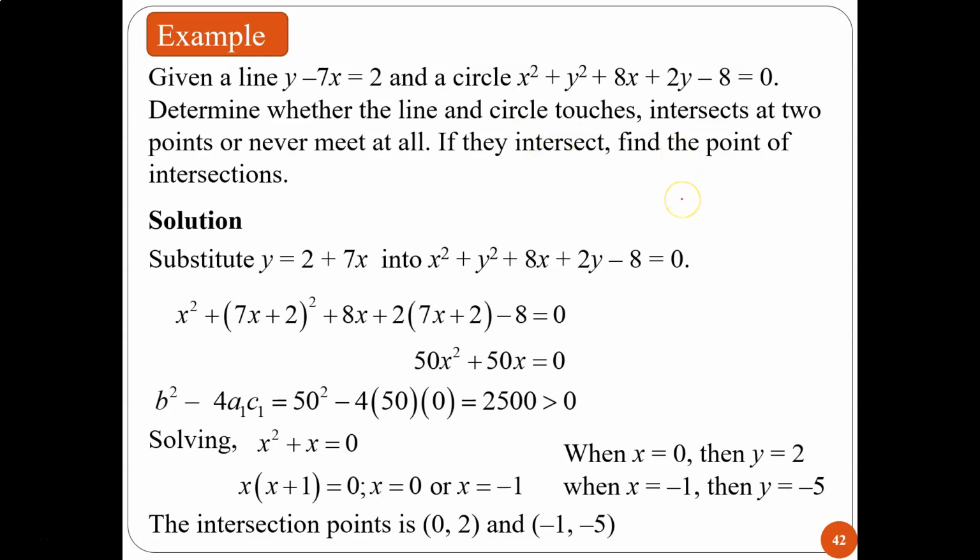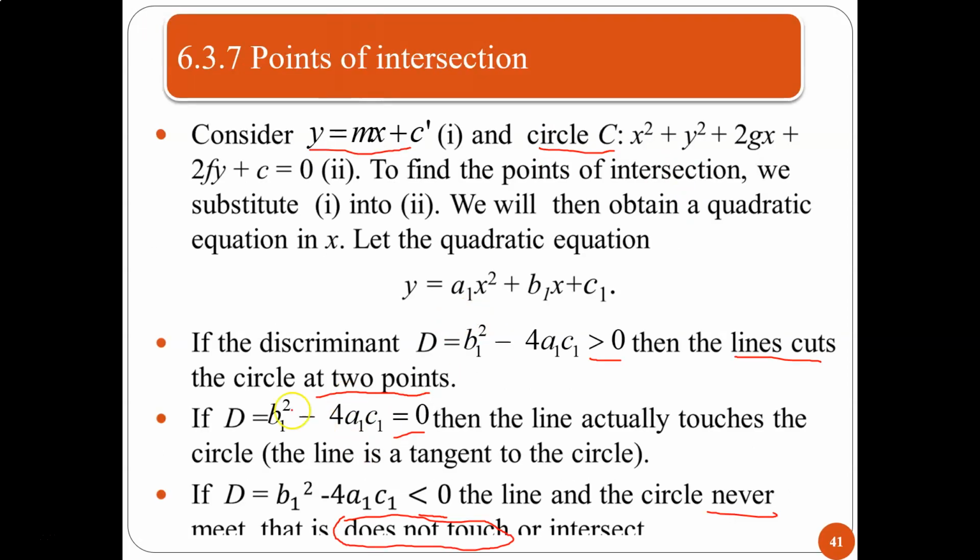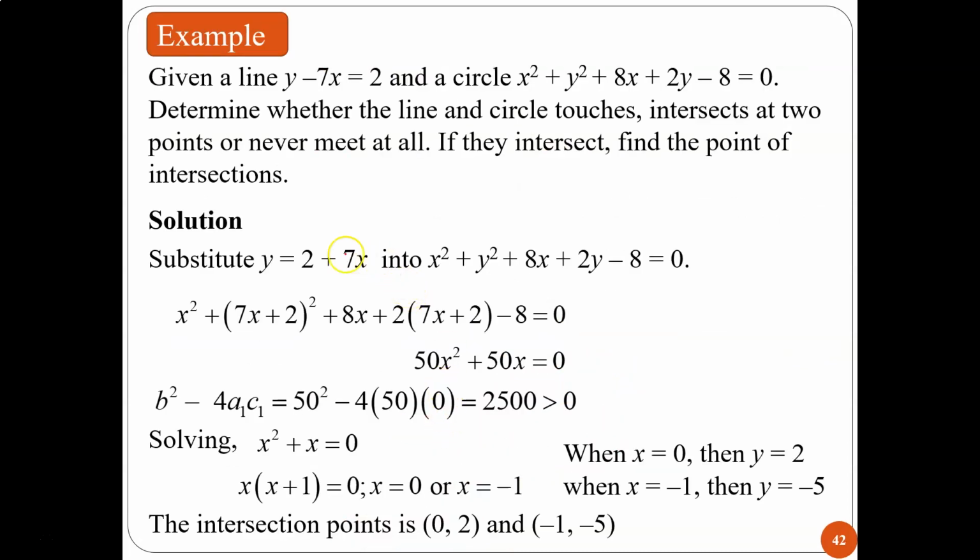So that's why you learn this one, the discriminant D, and the 3 cases. So we're going to use this. Check whether it is greater than 0, less than 0, or equal to 0. Now you're going to substitute the first equation, which is the straight line equation, into the circle. This is the circle.